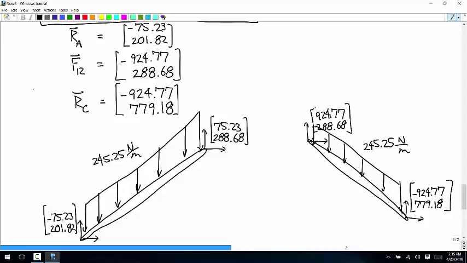But the weird thing is we just arbitrarily said the 1,000 Newton force is acting on this body. If we had arbitrarily said that 1,000 Newton force was acting on the other body, we would have gotten different values for F12, but when we added everything together, we would have gotten exactly the same free body diagrams at the end. It works itself out. It feels like magic.